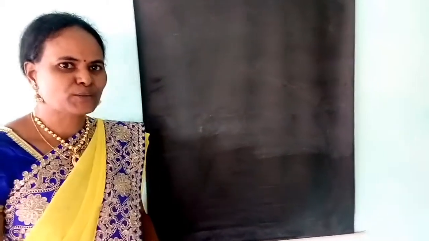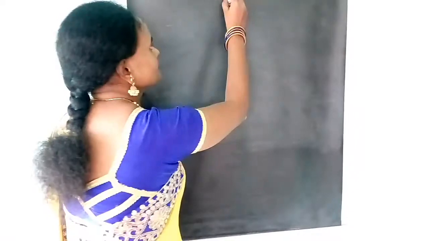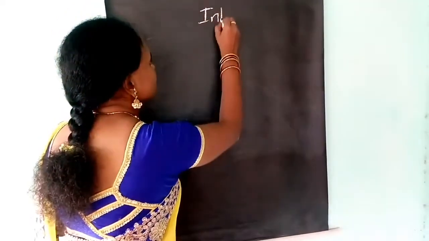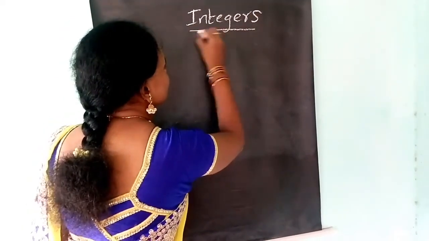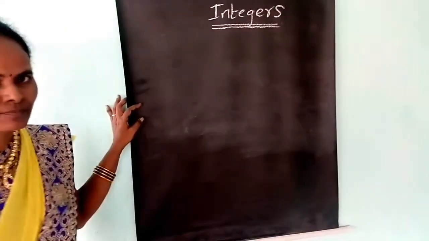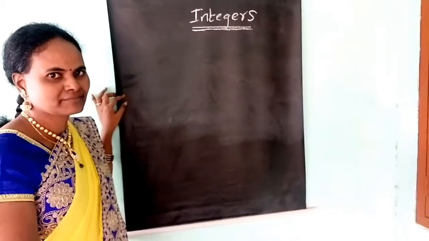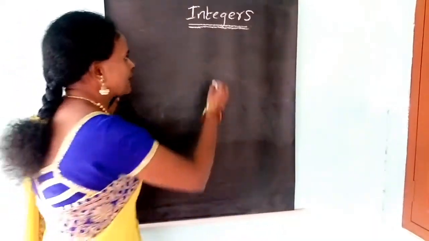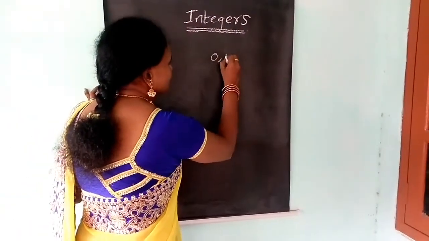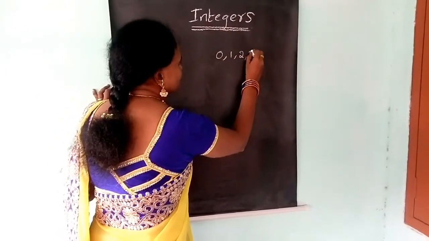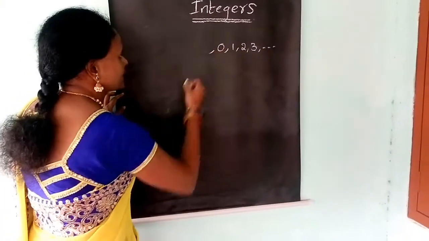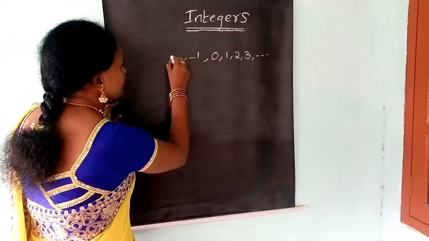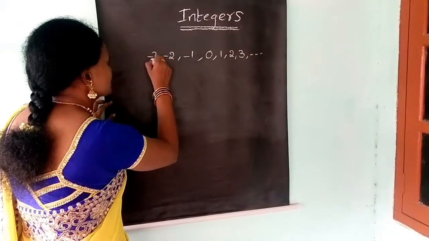Children, now today our first chapter is integers. Integers are along with whole numbers 0, 1, 2, 3 and includes negative numbers like -1, -2, -3.